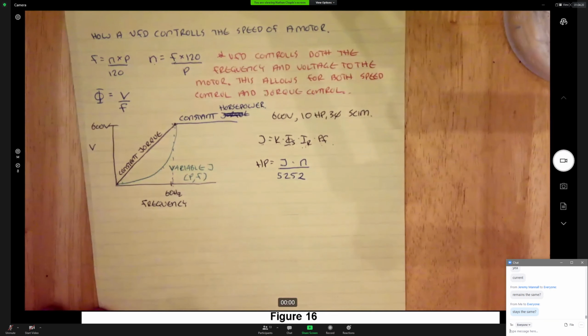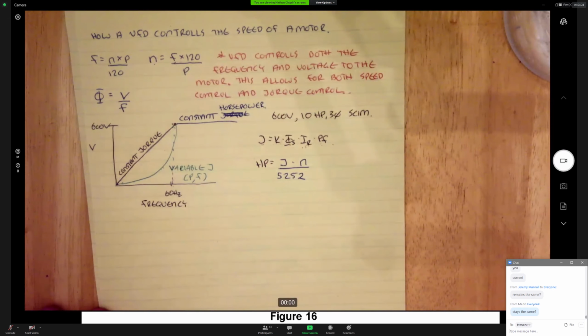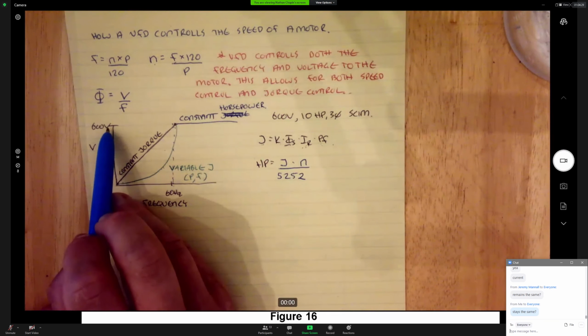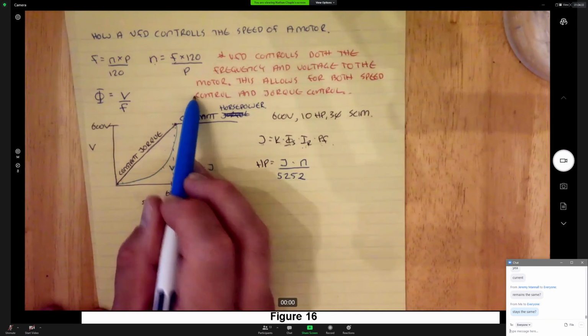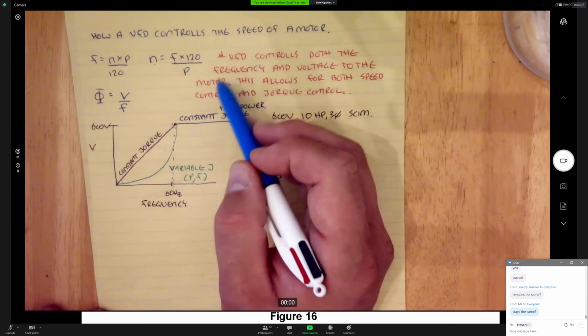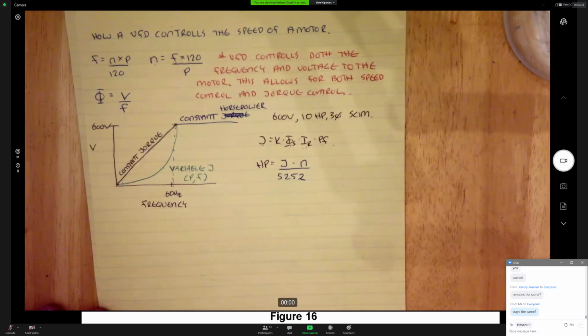So I guess I have a question for you. Variable frequency drive, which is not a transformer. If I have 600 volts coming in and I'm applying 600 volts to my motor, is it possible to increase that voltage anymore? Can we output 1,000, 2,000 volts from a variable frequency drive? And I haven't shown you the components yet, but the answer is no, you can't.